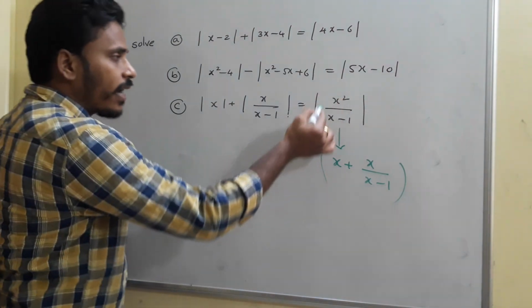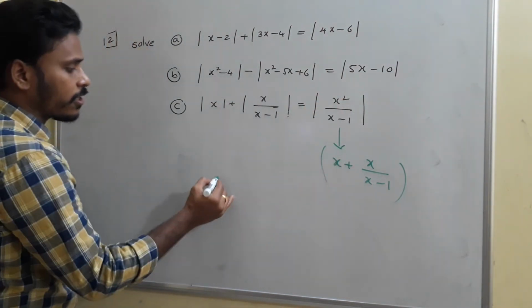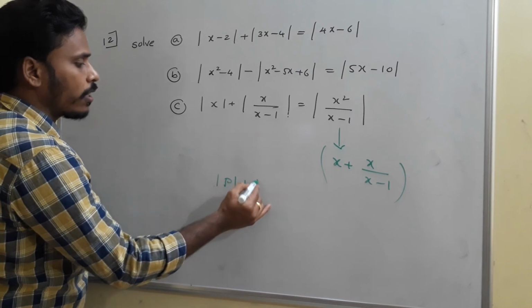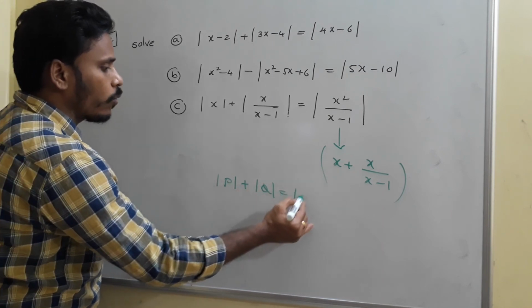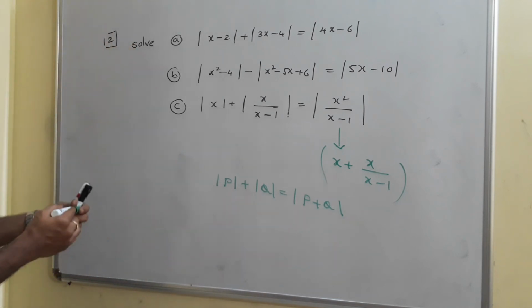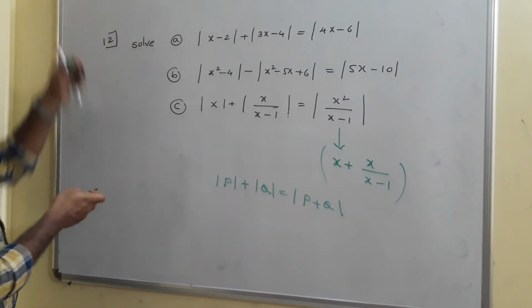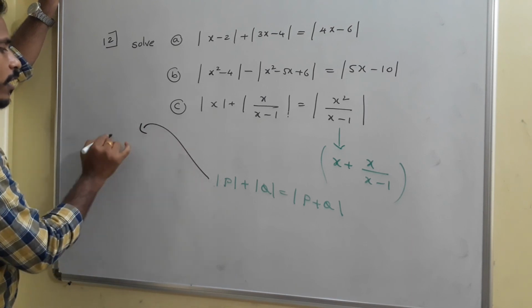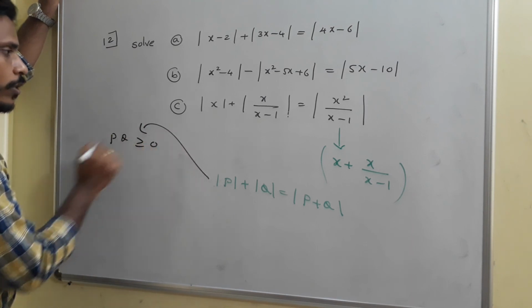So if you rewrite this x²/(x − 1) in such a manner, you will get |p| + |q| = |p + q|. And it is correct whenever p times q is positive, as you mentioned. This is correct if p times q is greater than or equal to 0.